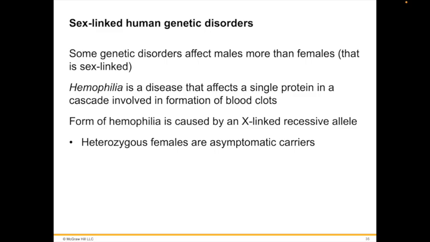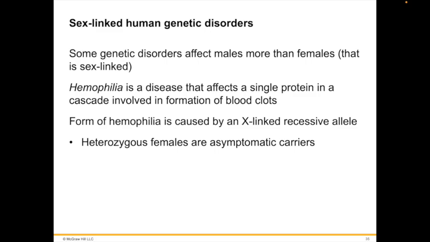Women who are heterozygous for the allele are asymptomatic carriers, and men who receive an X chromosome with the recessive allele exhibit the disease. The inheritance of sex-linked traits shows some interesting patterns. Sons always get an X chromosome from their mother, so any sex-linked disorders come from their grandfather through their mother, not their father.